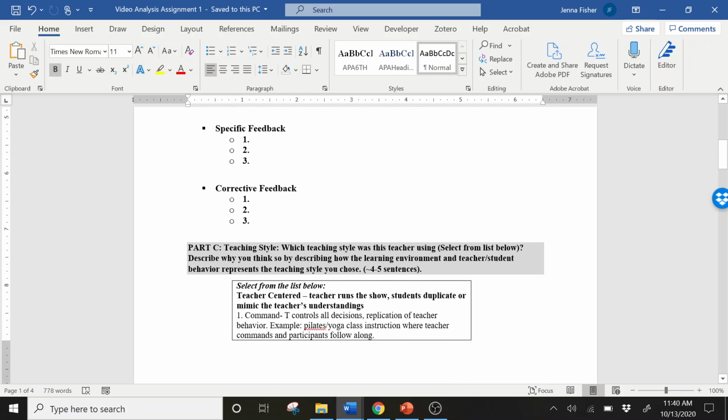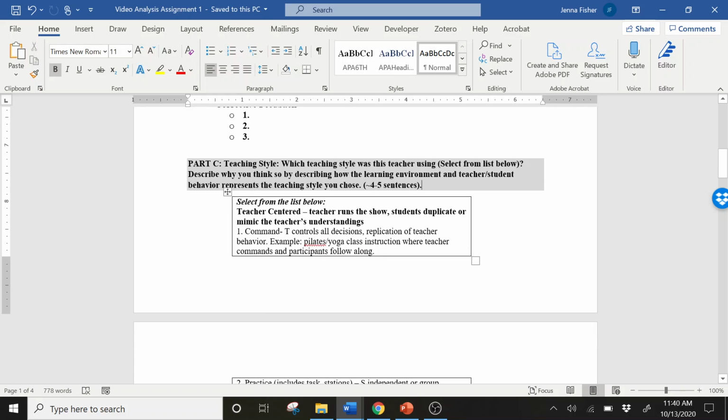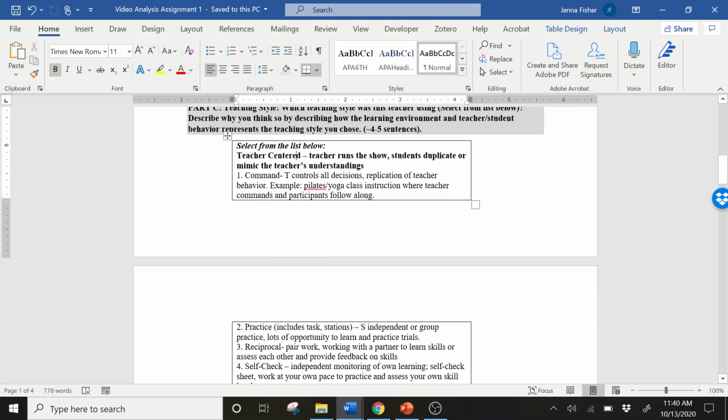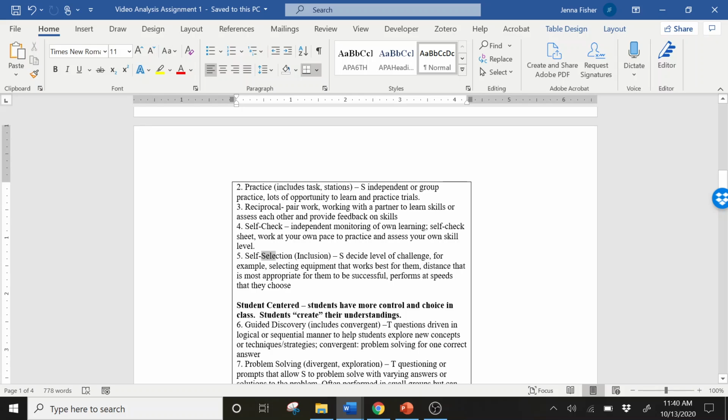Teaching styles. So tell me, what teaching style was this teacher using? You could justify 2 different ones, depending on your understanding. So I listed all of them here for you. Remember the teacher-centered strategies: command style, practice style, reciprocal, self-check, and self-selection.